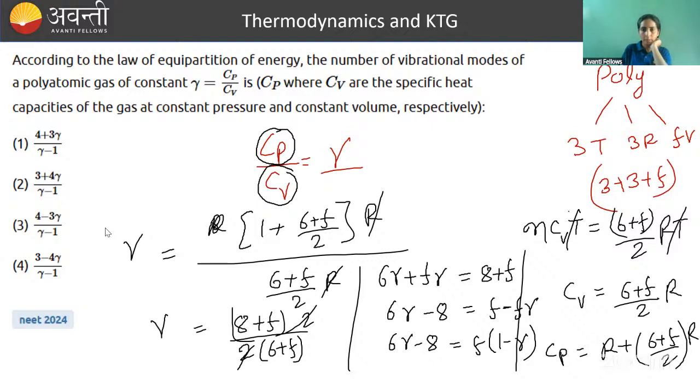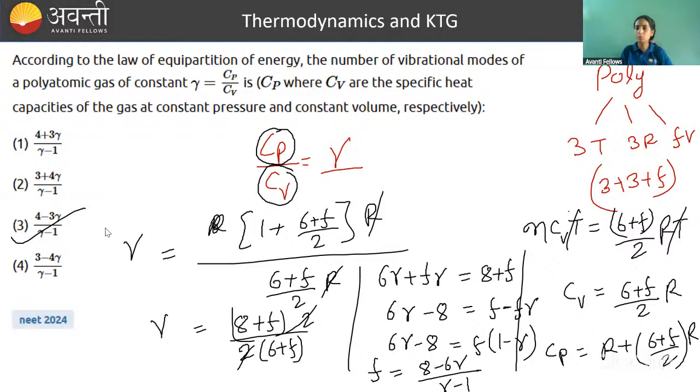Can anyone spot it? Yes, you need to recheck the calculation. Because the correct answer given is option C. If I look at C, then F is equal to how much? You can write it like 8 minus 6 gamma divided by gamma minus 1.